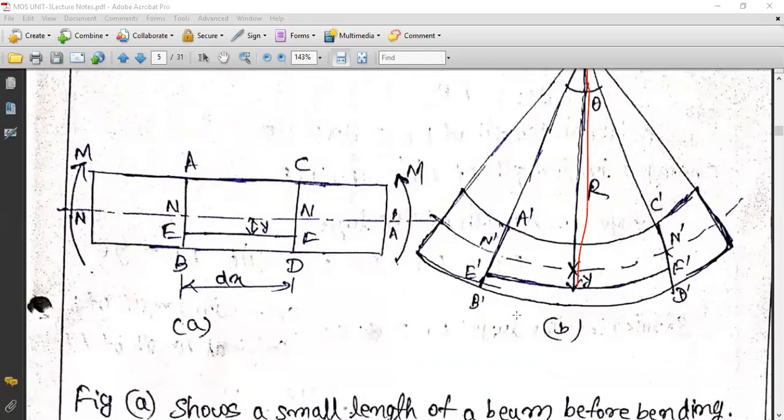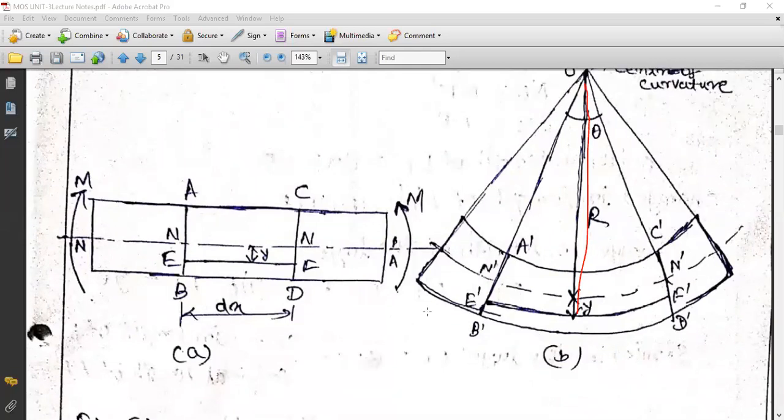When you apply the moment, the portion of the beam should be bent in this form. So the EF layer is also bending in this form.